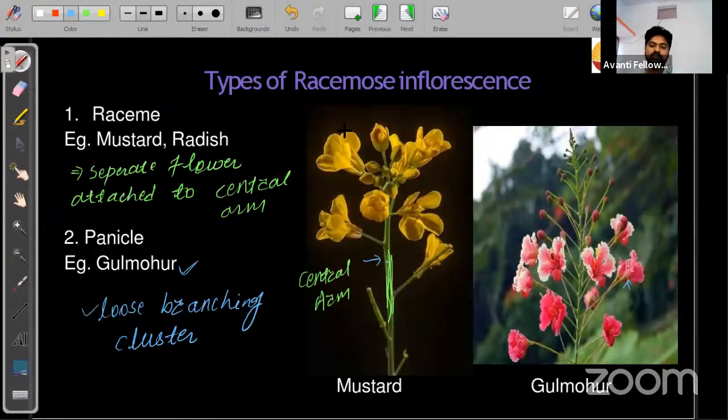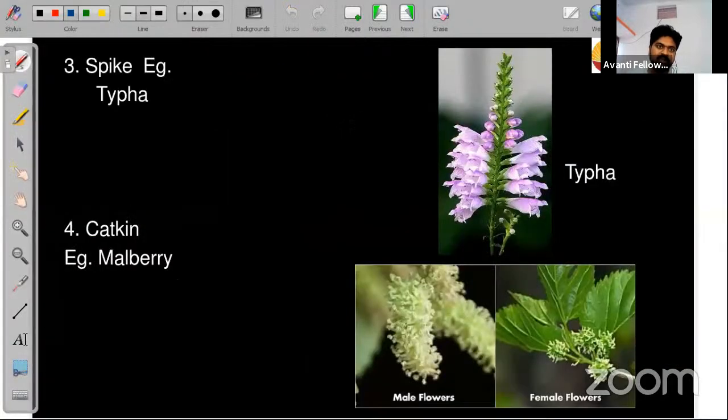After that, we come to the next, the spike. An example of spike is typha, which is one of the flowering plants. What is meant by spike actually?